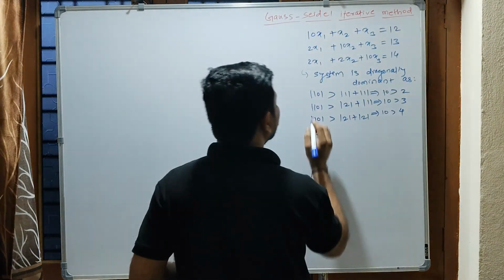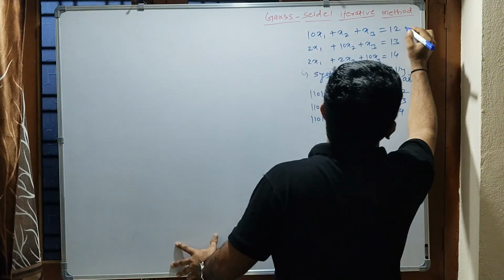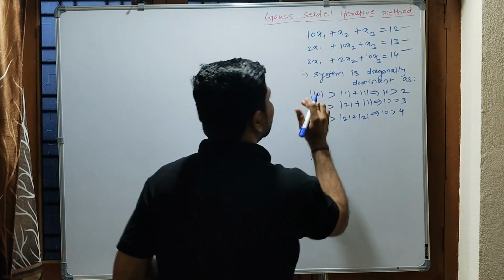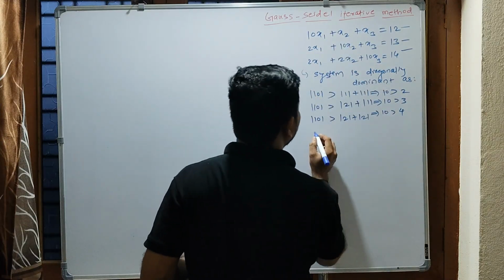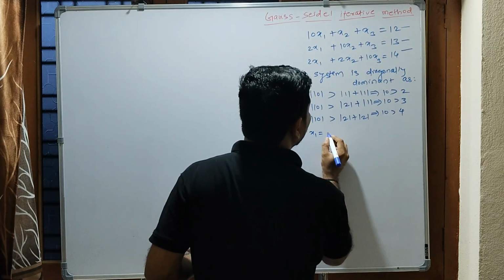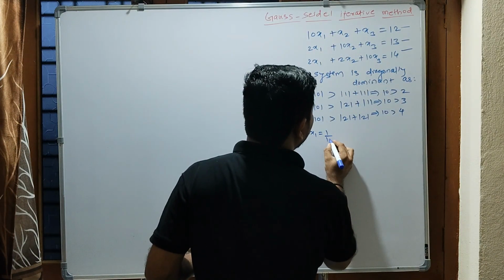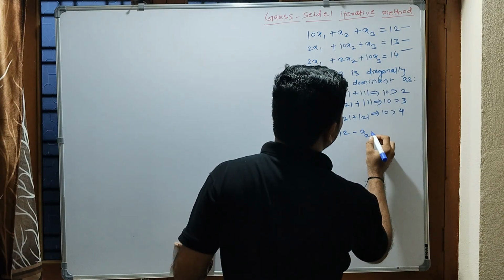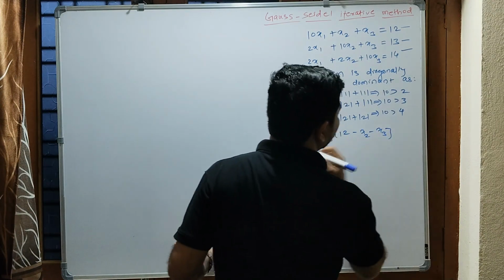So this is my whole system. In terms of x1, I will write x1 equal to 1 by 10 times 12 minus x2 minus x3.